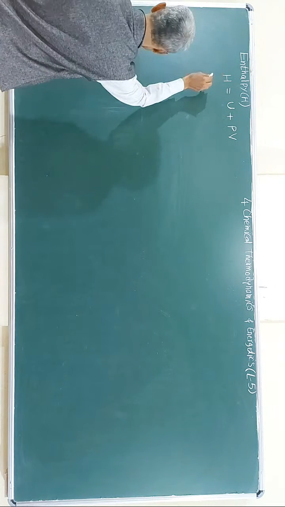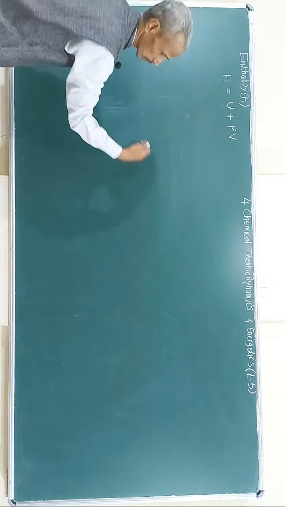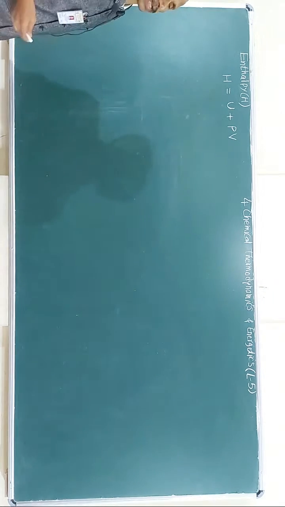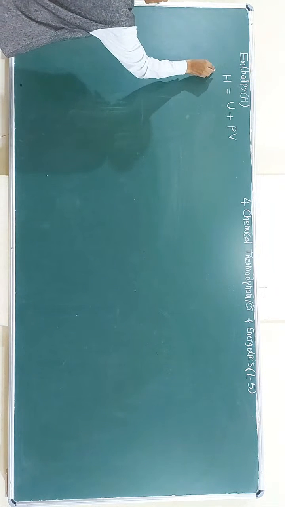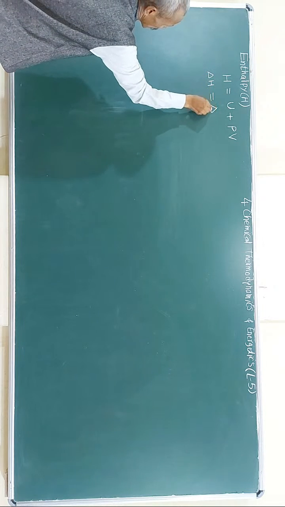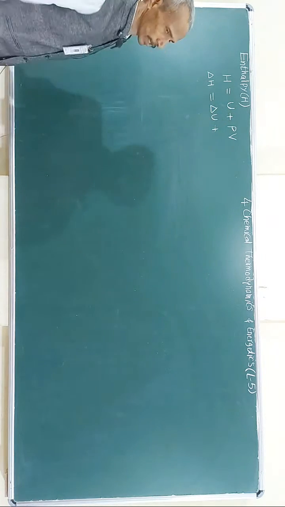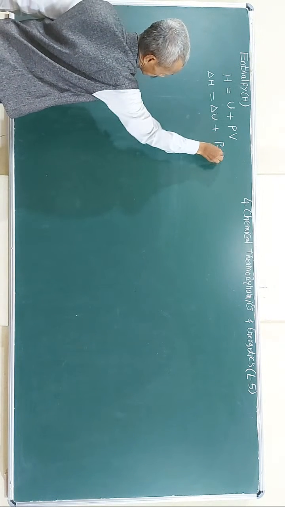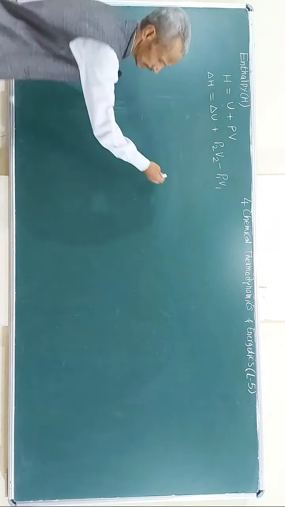Now, if the initial state changes and another state is obtained, one can write delta H is equal to delta U plus P2V2 minus P1V1. How is this obtained?